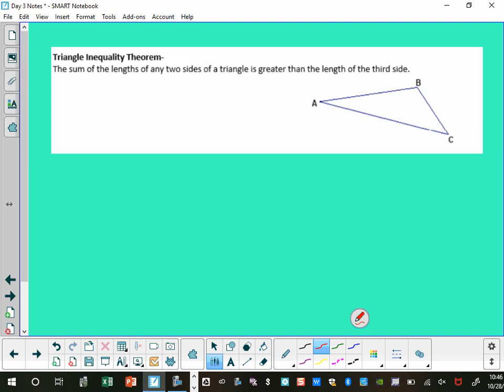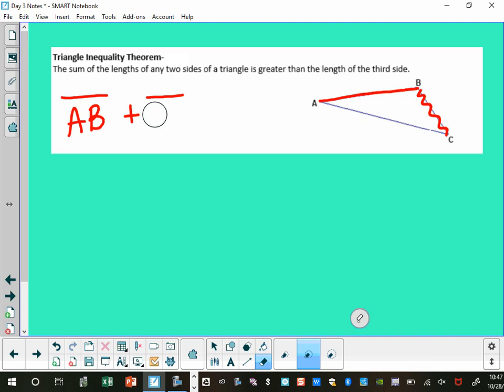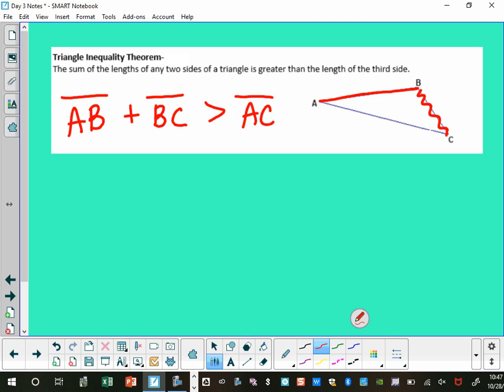So what that means is that we're going to write, I want AB plus BC. Let's write side AB plus side BC is going to be greater than side AC. In order for it to be a triangle, your two smallest sides have to be larger than the last side.